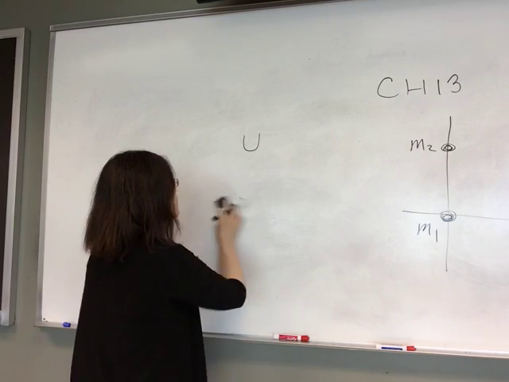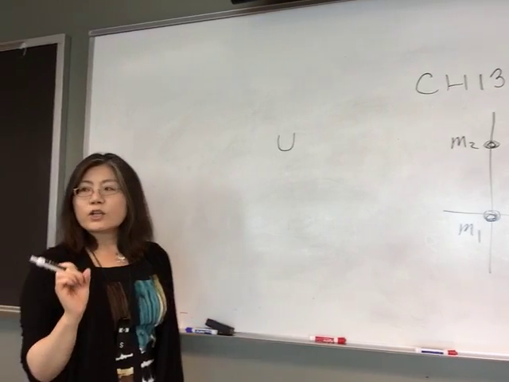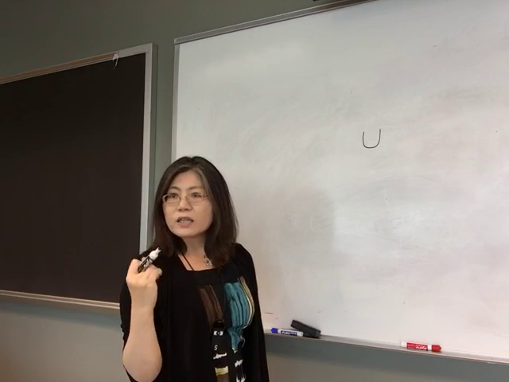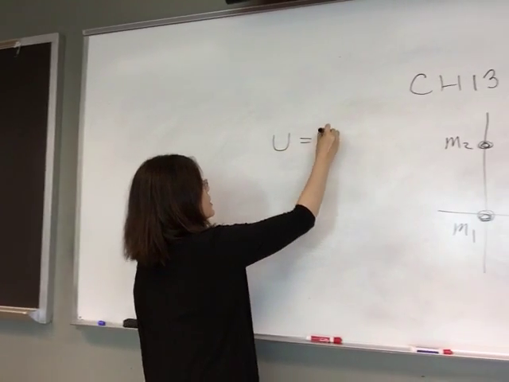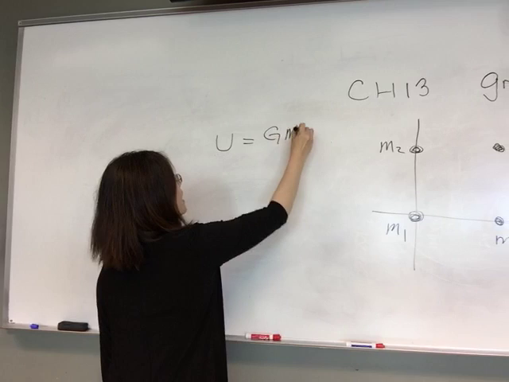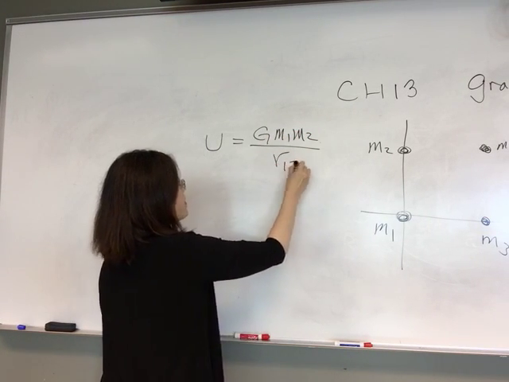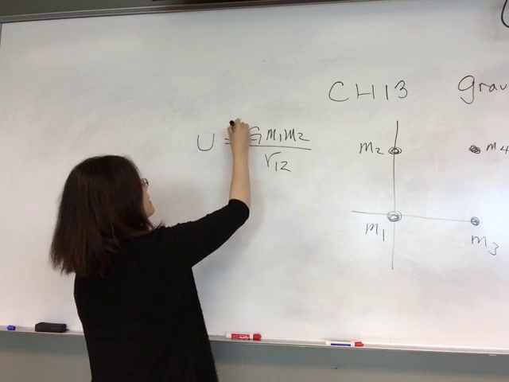So let me just write down that the gravitational potential energy of the 2 particles interacting with each other is this. That'll be your G, M1, M2, and the separation between them, and it is negative.